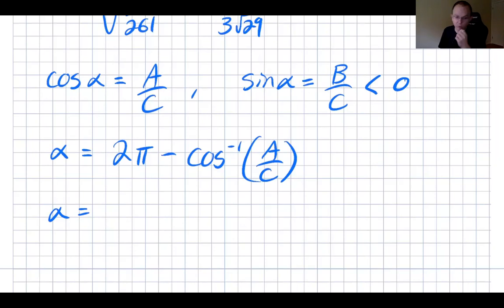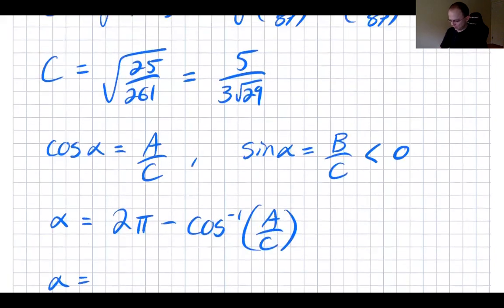Oh, I forgot to take the square root. On the computer, I forgot to take the square root. Let me just type it in here. So C is equal to 5 divided by 3 times the square root of 29. Okay, that's better. So now A divided by C.